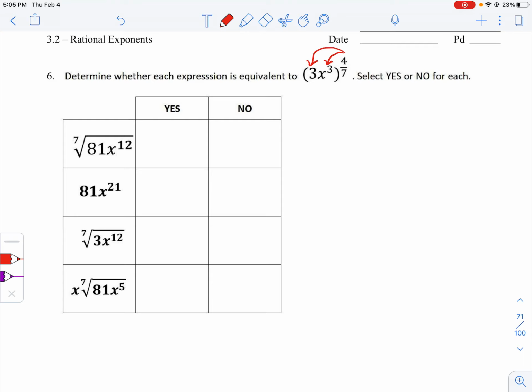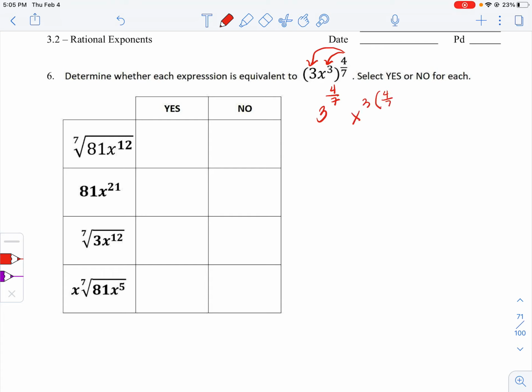So let's give it away. And we'll see as soon as we keep simplifying it, which one will match. Okay, so the 3 to the power of 4 over 7, and then x cubed to the power of 4 over 7. Okay, there you go.